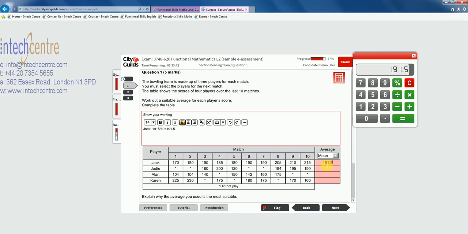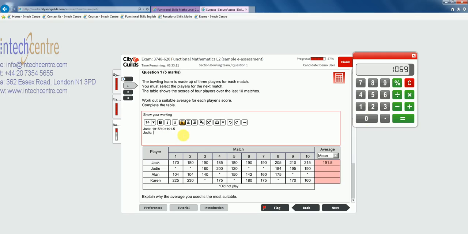Okay. So Jodie. Always double check this, because as there's a lot of values that you're adding and dividing, double check your answers. So Jodie, I have 180 plus 200 plus 120 plus 184 plus 195 plus 190.